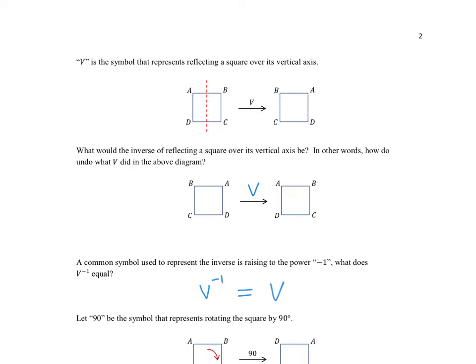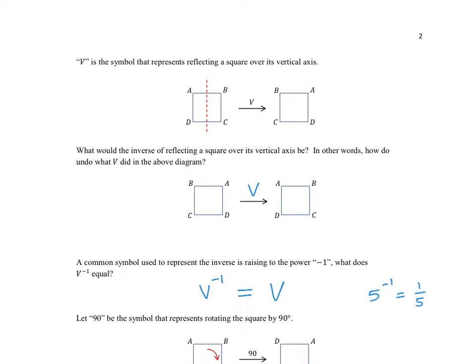Now let's remember that we always need to think of our symbols in their proper context. So raising to the power of -1, if we had numbers, like if we had 5 raised to the power -1, that would be the same as 1/5, or take the reciprocal. Now it turns out with multiplication, taking the reciprocal does produce the inverse, but here we have to avoid that type of thinking.